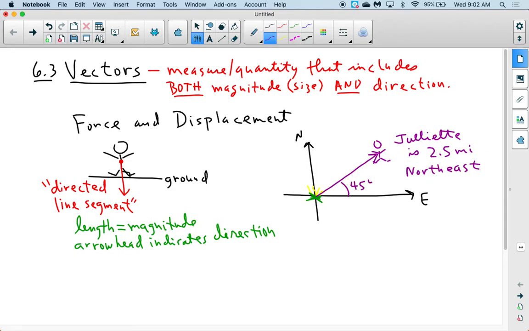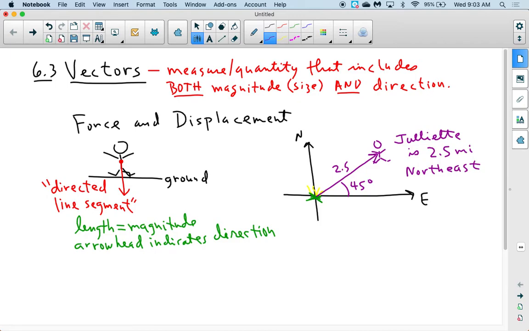So that might be another way you could indicate her direction. But the point is that displacement itself carries with it both a magnitude, the 2.5, and the direction, 45 degrees or northeast. So that's the idea of vectors.